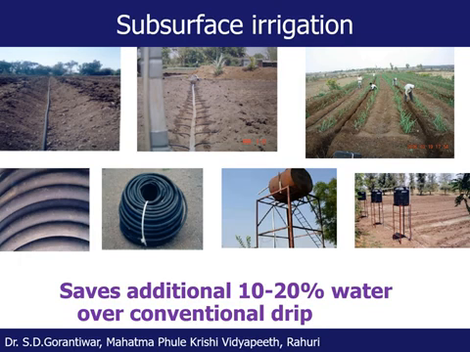In all these three irrigation systems, water is applied to the crop as per its need. But in the subsurface irrigation system we don't apply water, we maintain the water, and the plant root takes water from the soil root zone as per the need. So this is the basic difference between the subsurface irrigation system and other irrigation methods.